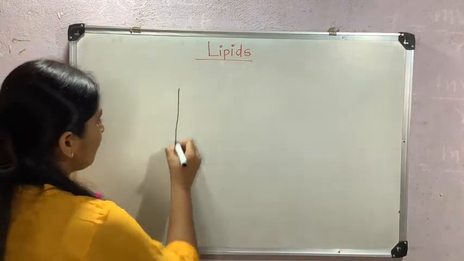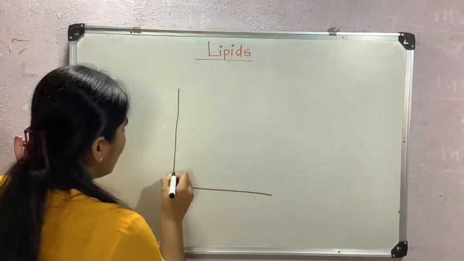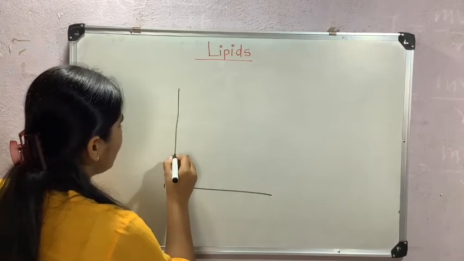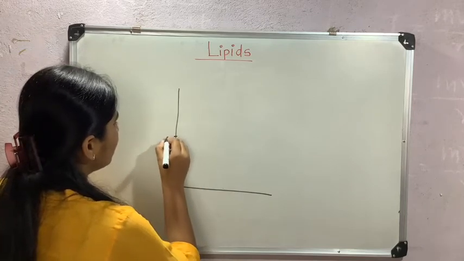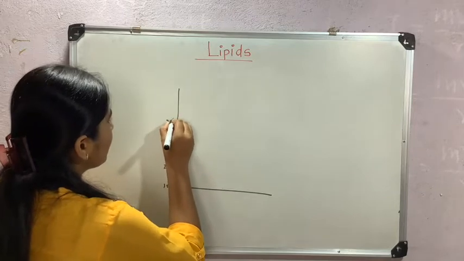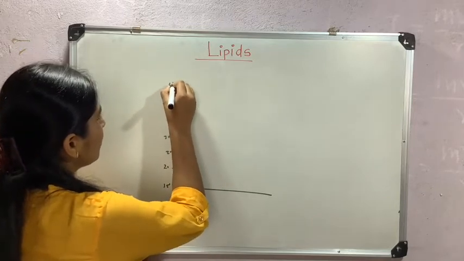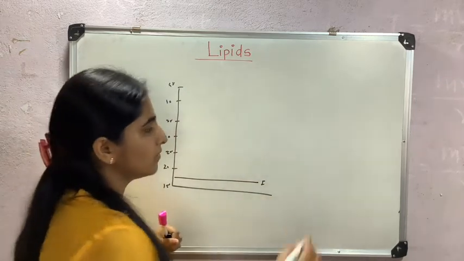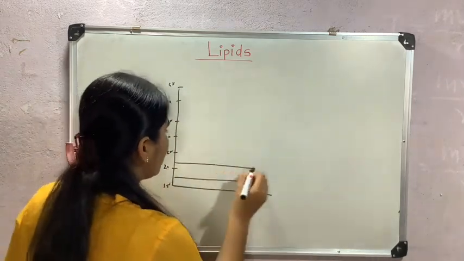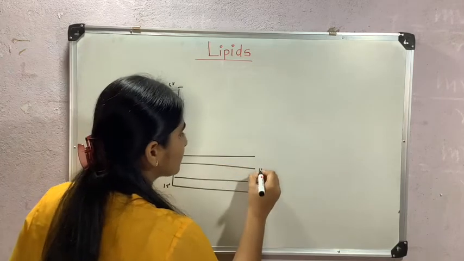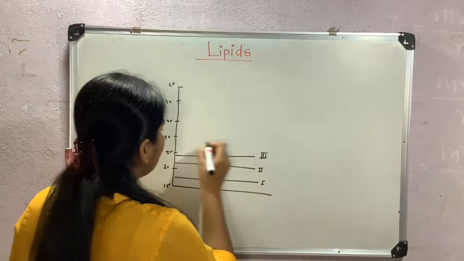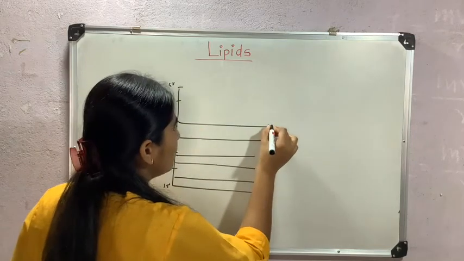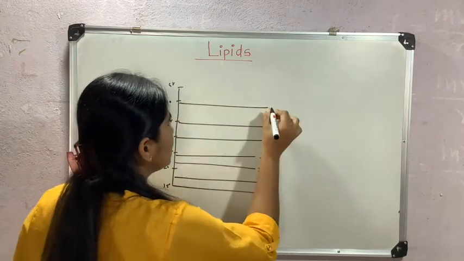Suppose I draw a graph here, with temperature ranges 20, 25, 30, 35, 40 and 45. Suppose this is phase 1 of cocoa butter, phase 2, phase 3, this is phase 4, phase 5 and phase 6.